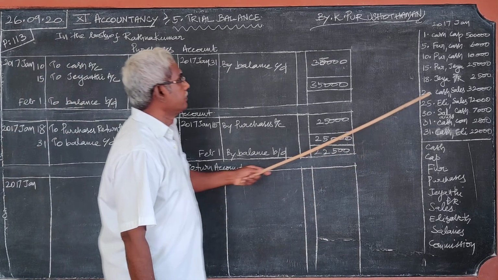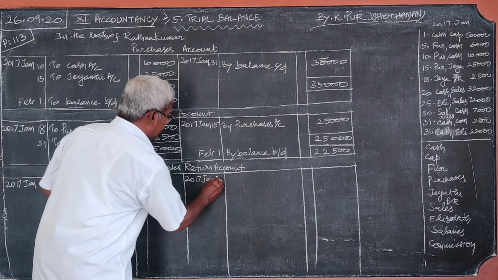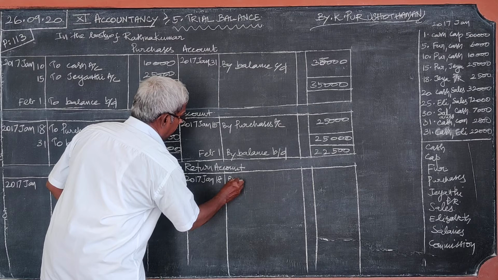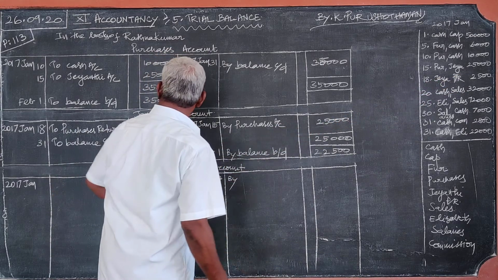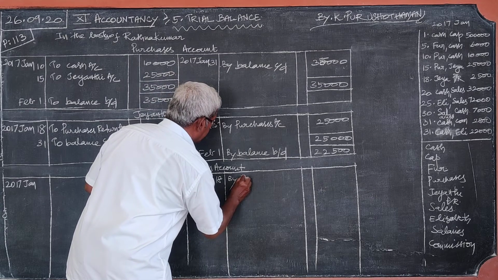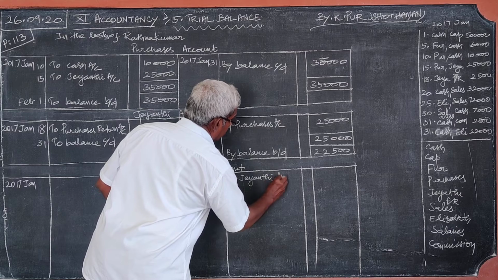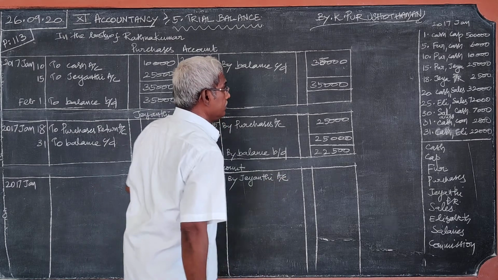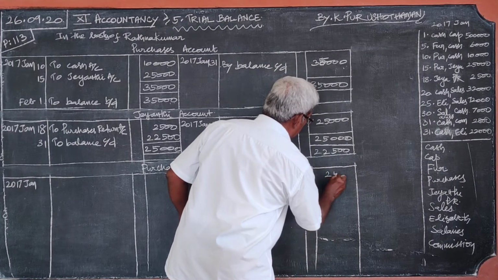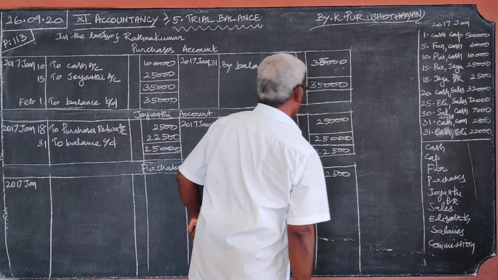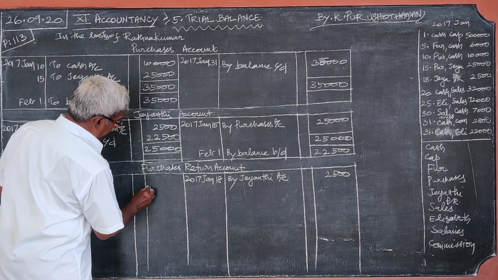Where does it appear? Purchases return appears on the credit side on 18th, by. What is coming along with purchases return? Jayanti. Therefore, by Jayanti account, the amount is 2,500. No more entry for purchases return, so we can close it.